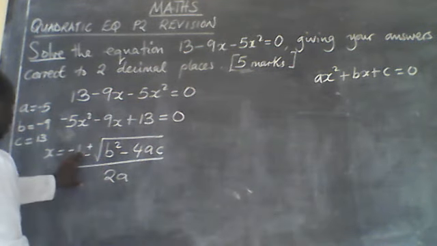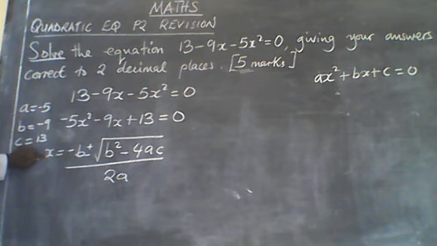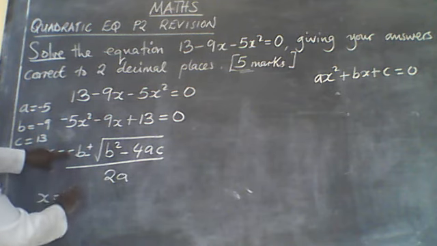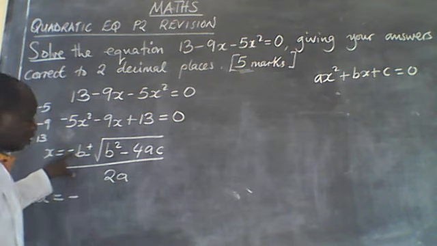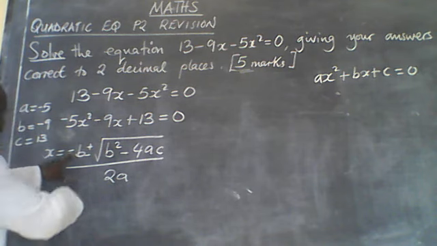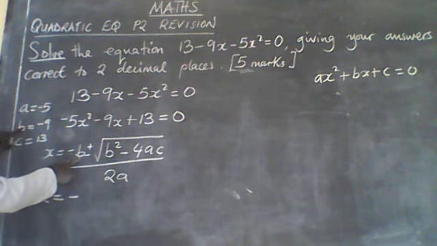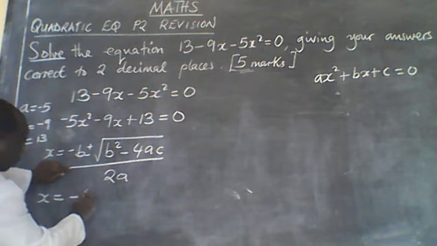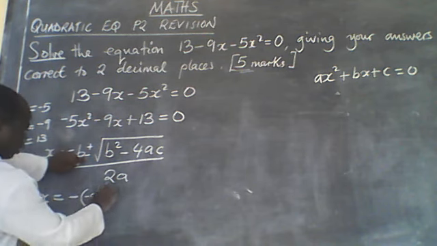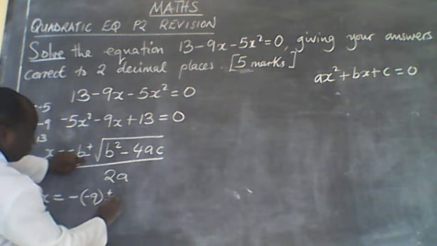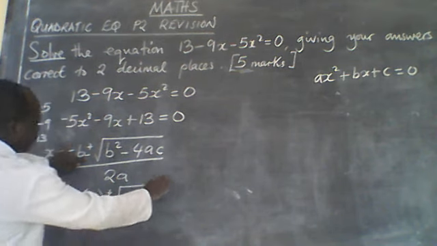When we substitute here, we are going to say x is equal to negative here. You see that? The negative is on the formula there. Then what is my b? B is negative 9. So when substituting, put in brackets like this. Positive, negative. Square root.